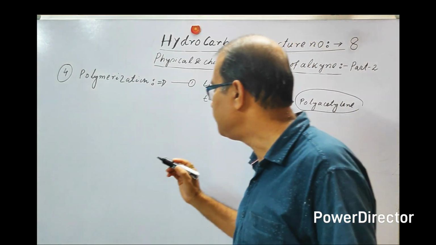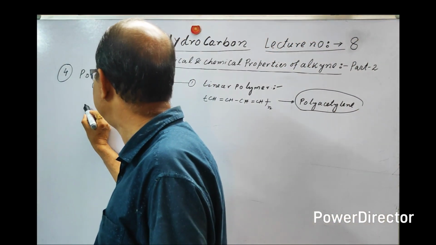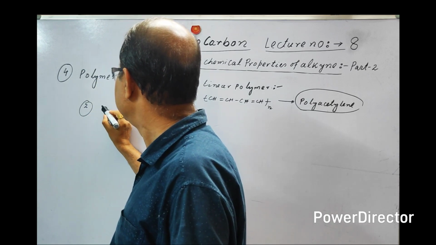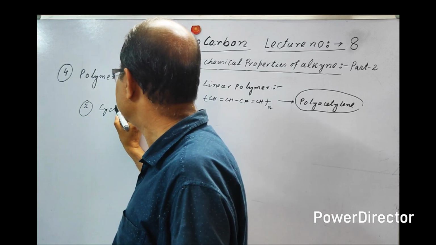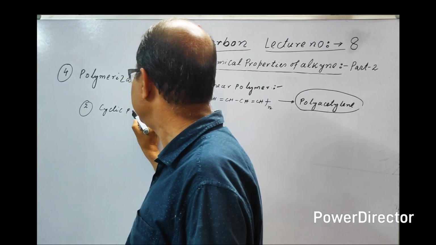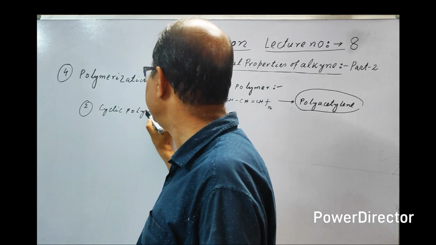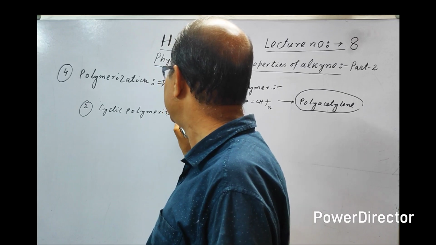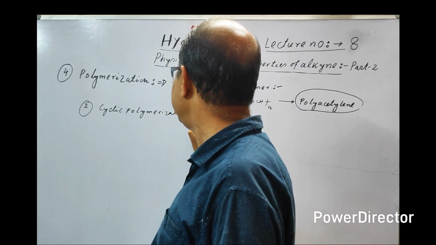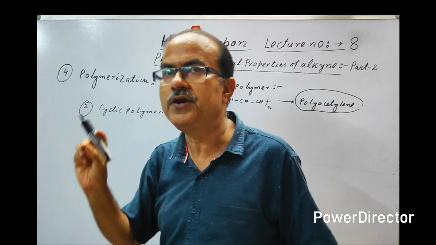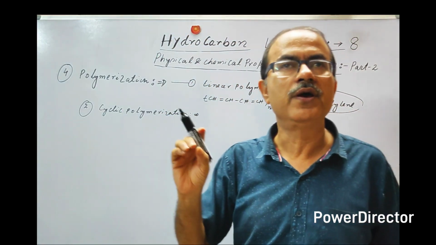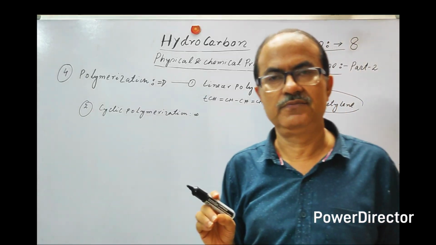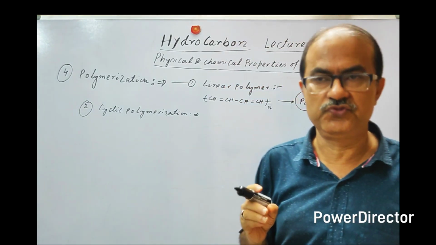Another type of polymerization that is also very important is called cyclic polymerization. It is also a very important application because alkyne is a very important ingredient for many other polymers and many other organic compounds.